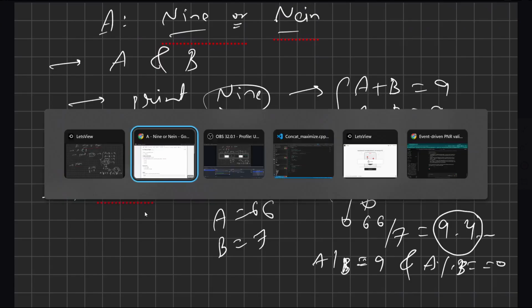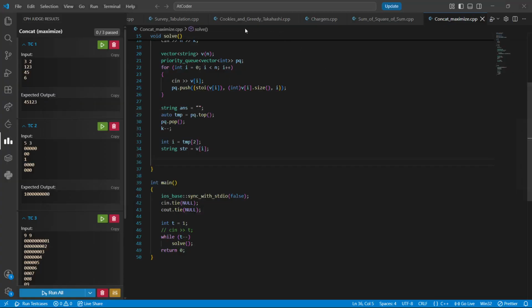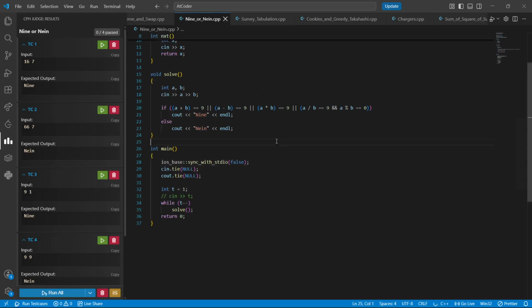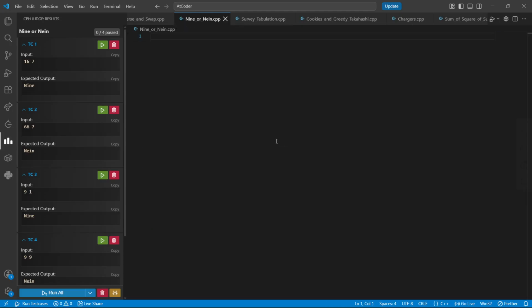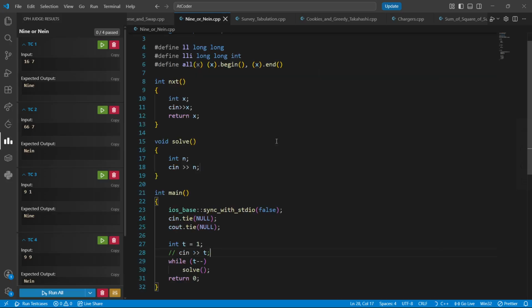Let's code it up. For every test case, we have two integers a and b. I've taken their inputs.